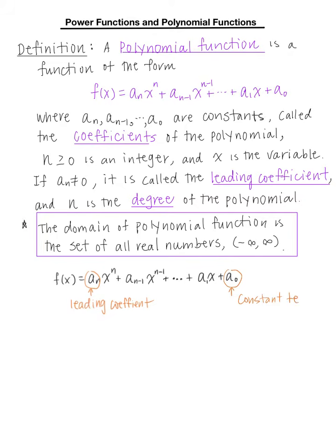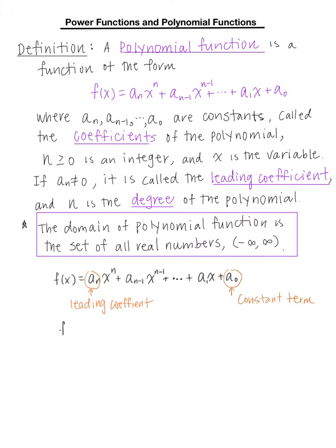So basically, a constant term is just a number, and it does not have any x attached to it. Now, if all of the coefficients are 0, the polynomial is called the zero polynomial, which has no degree.